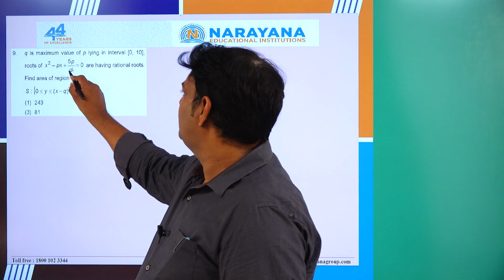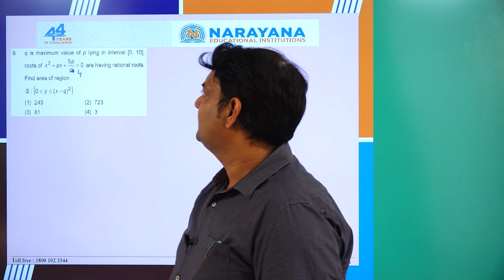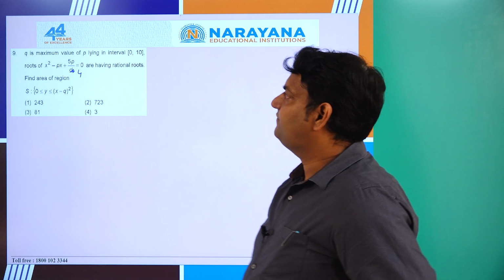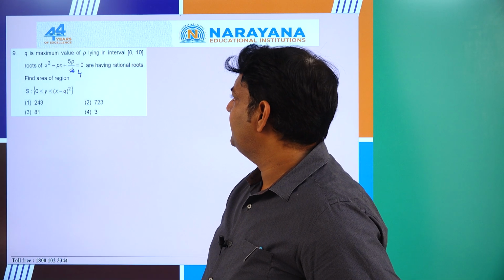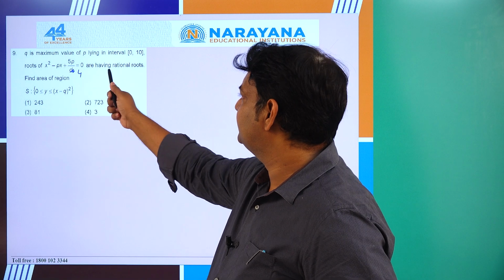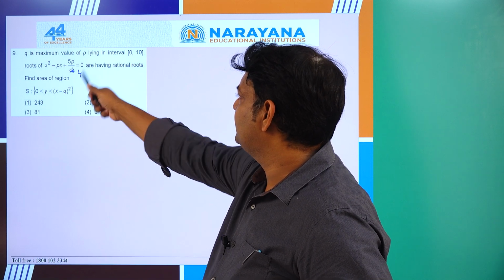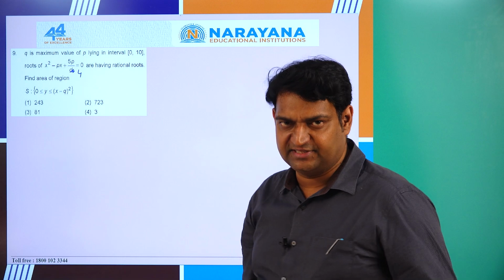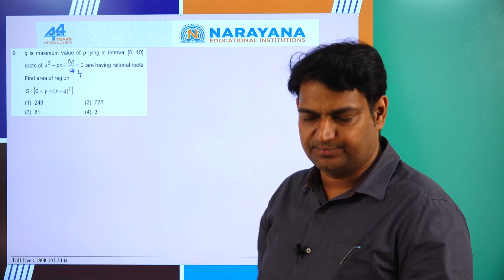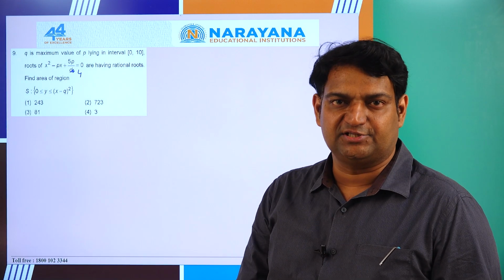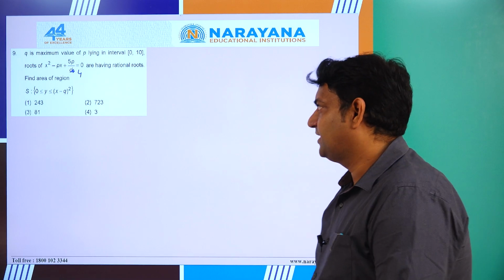Here I think there is a small mistake. This is 4. Okay, q is the maximum value of p lying in the interval. This equation is having rational roots. Again, please try to understand, this is completely memory based, so maybe you will find some grammatical mistakes also. Kindly consider that.